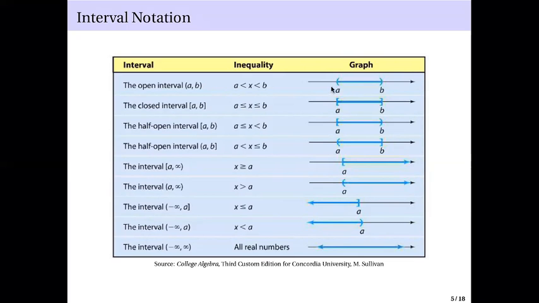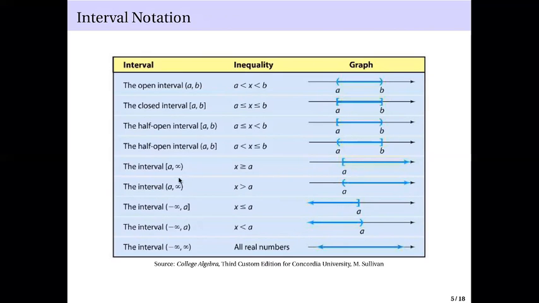If there's a parenthesis or a square bracket, we say whether the endpoint is included or not: parenthesis, not included; square brackets, included. So try to understand the graph of the inequalities, because sometimes it's helpful in solving certain problems.